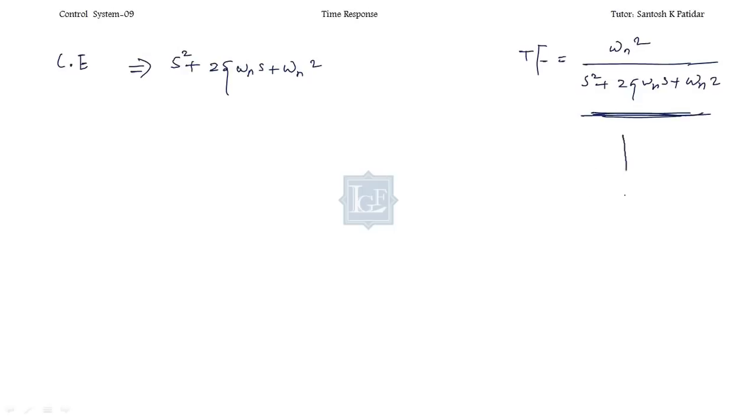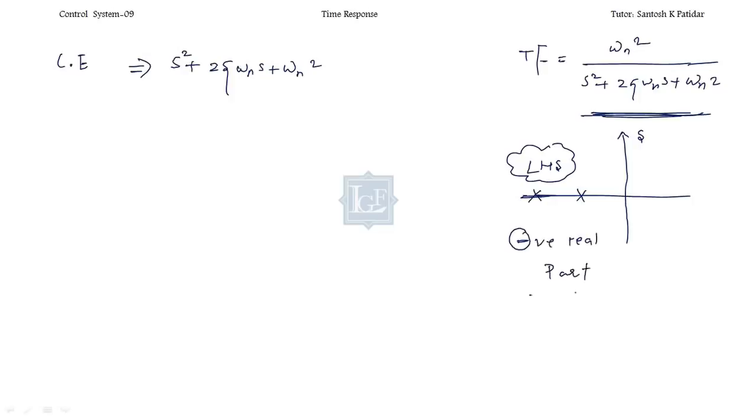So for a stable system in the S plane, all poles should lie in the left hand side, correct? Or they should have a negative real part. Then only the system will be stable. If your poles lie in the RHS, then the system will be unstable, correct?